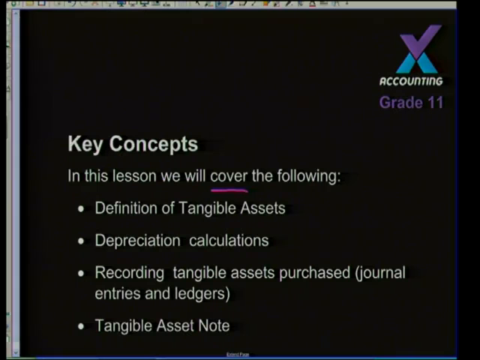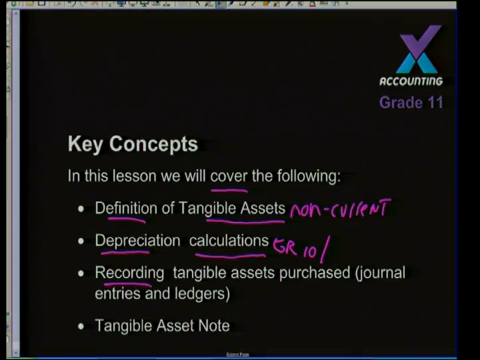In this lesson we will cover, firstly, the definition of tangible assets. Tangible assets specifically refers to your non-current assets. I've touched on this already. We're also going to look at depreciation calculations, which you learned in grade 10, so we're going to recap the grade 10 calculations in grade 11.